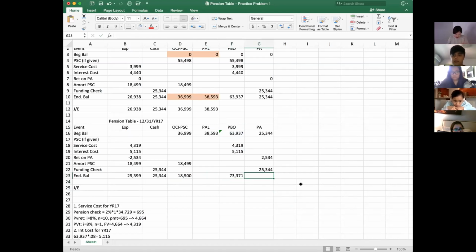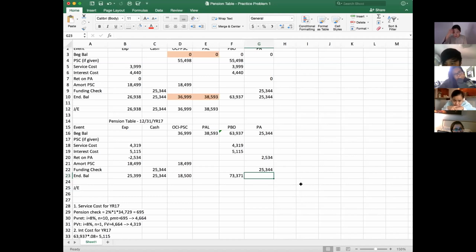Does anything else go in there? Let me confirm: beginning PBO, service cost, interest cost, benefits paid, and total prior service. Benefits paid will be the payment that comes out of the pension plan to the employee.